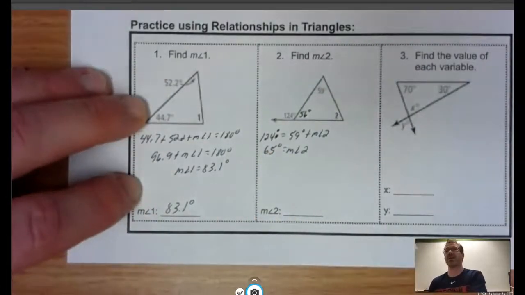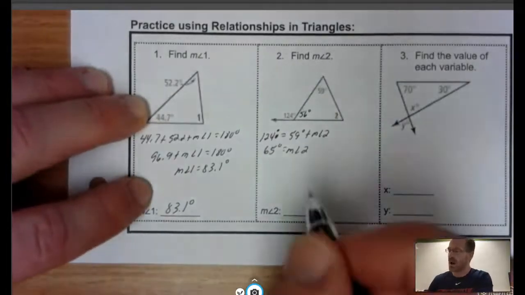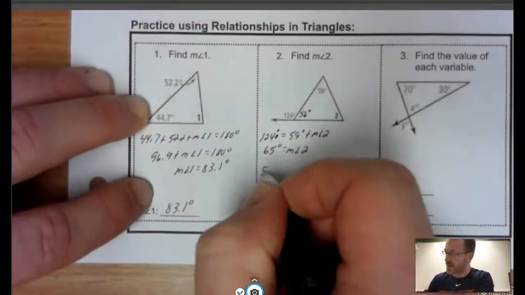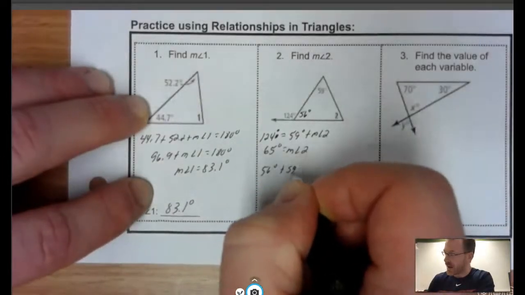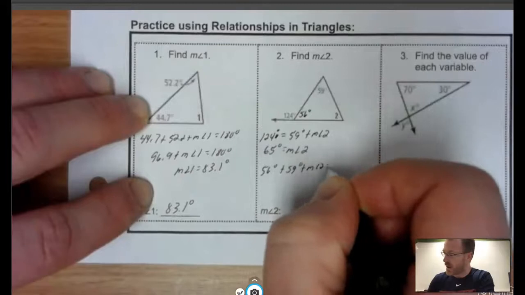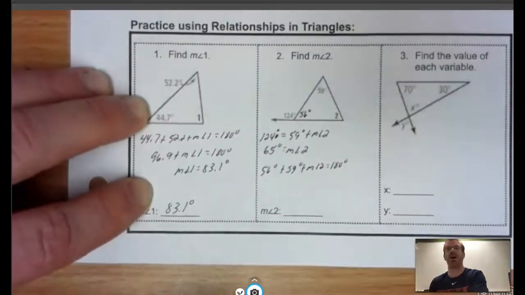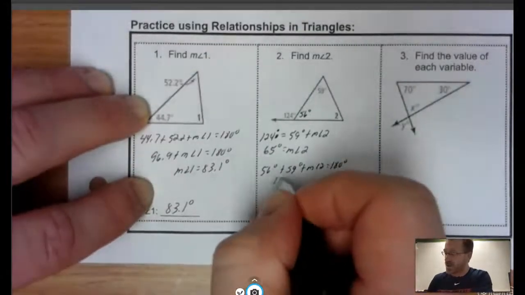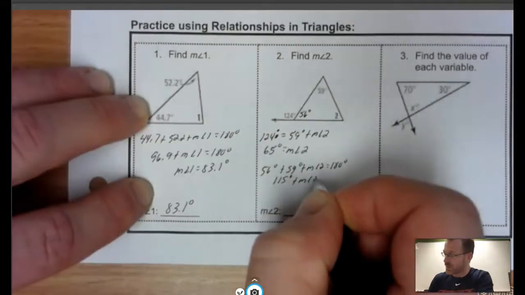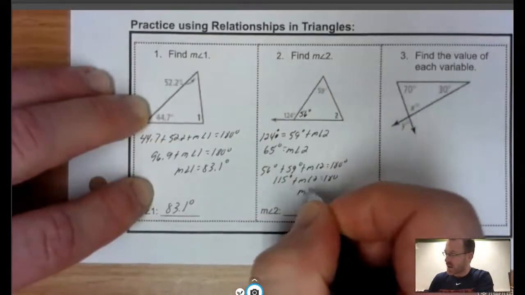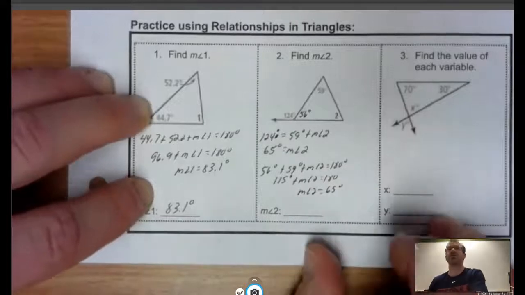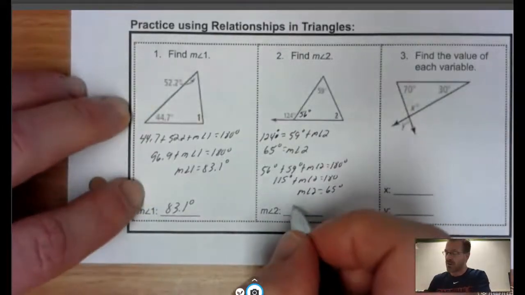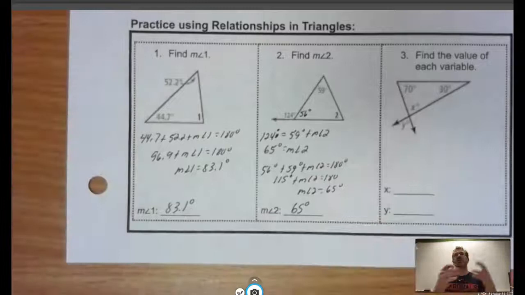And then once again I can make this a triangle sum theorem problem, because 56 degrees plus 59 degrees plus the measure of angle 2 has to equal 180 degrees as well. That gives 115 degrees plus the measure of angle 2 equals 180, and notice I still get 65 degrees. Either path you take, you get the same result.